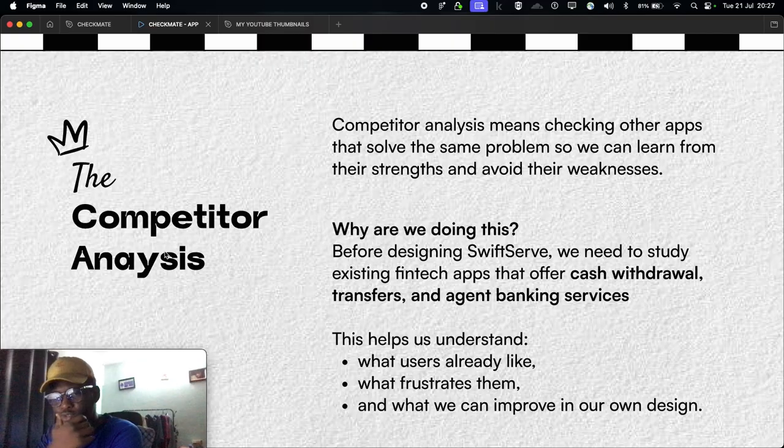You would first want to understand the market. You want to know who your competitors are. Oh, Samsung is going to be my competitor, iPhone is going to be my competitor, Tecno is going to be my competitor. You start to study them one by one. You try to understand what they are doing that is good, so you take their strengths from them. What is the next thing you want to do?